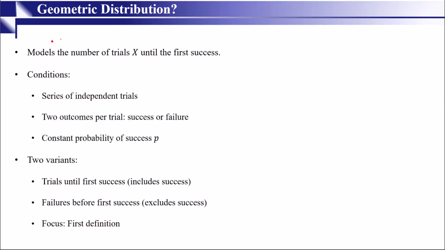So once again, geometric distribution models the number of trials x until the first success, and it is in a set of the Bernoulli distribution where we have success or failure, or 1 or 0, and they are independent.